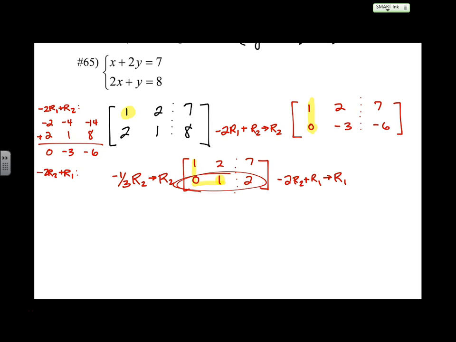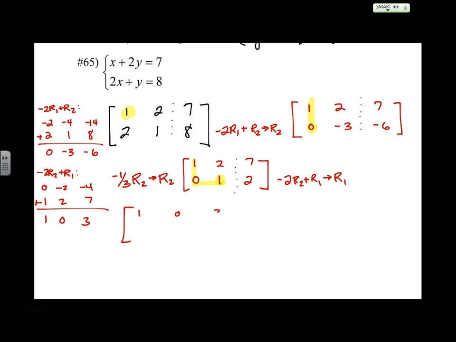That's going to be 0, negative 2, negative 4, right? We're adding that to row 1, which is going to be 1, 2, and 7, which will be 1, 0, and 3, right? And that's going in row 1.